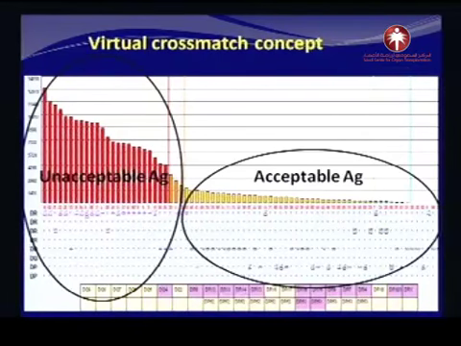Now, something we did not talk about, this is really part of the concept of virtual cross-match. I don't want to dwell too much time on it, it all depends on your cutoff for MFI for single antigen, but those highlighted in red and orange, you can say that those are unacceptable antigens for any donor, because those are likely to cause positive cross-match, versus those antigens circled on the right side, the bulk of them in yellow, which are very low to negative.